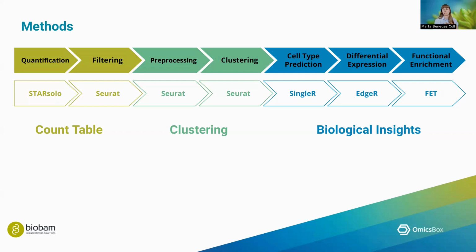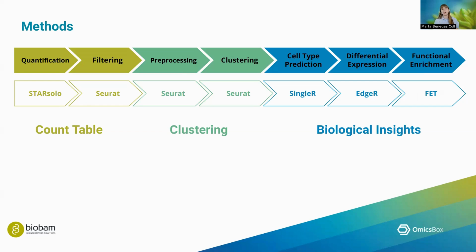This will be performed with the Seurat package, as well as the clustering. The clustering tries to find groups of cells with similar expression patterns that should correspond to similar cell types or states. After that, we will start exploring our data with the cell type prediction with SingleR, which is a reference-based algorithm that compares the data with an already annotated single cell dataset in order to predict the cell types in our dataset.